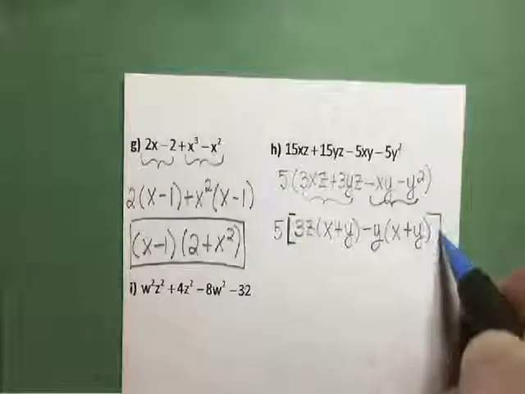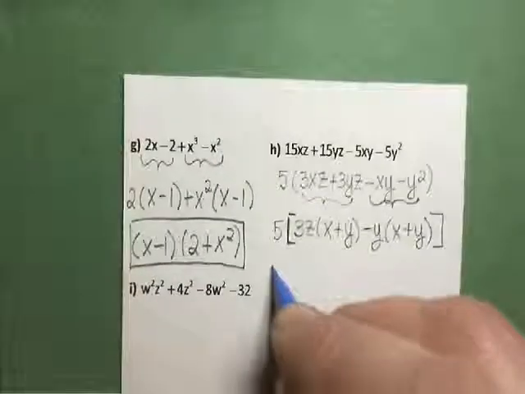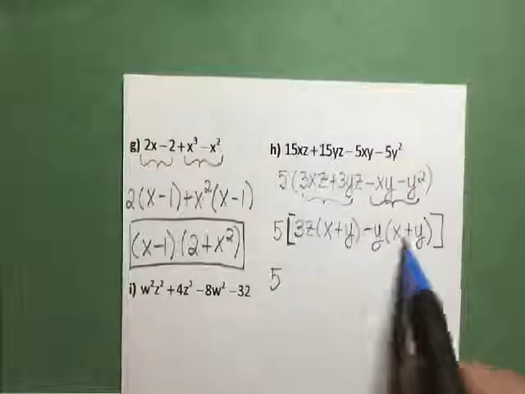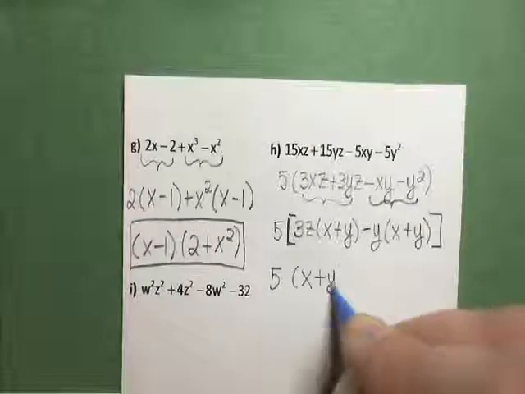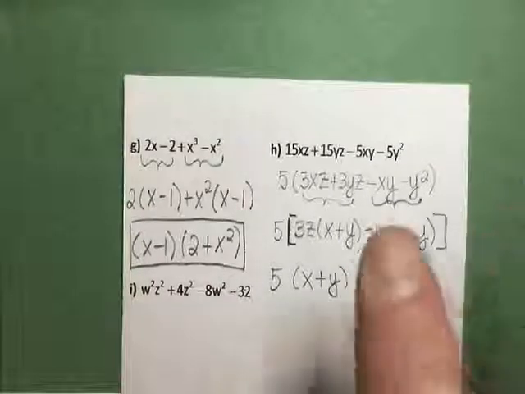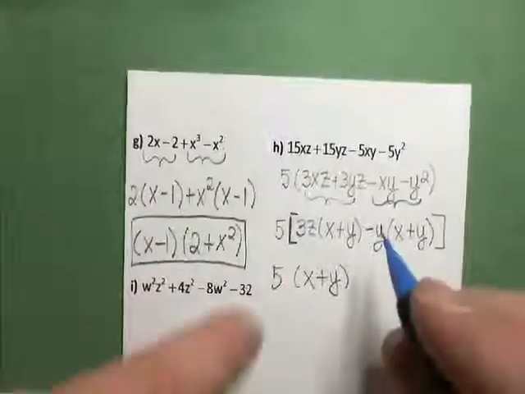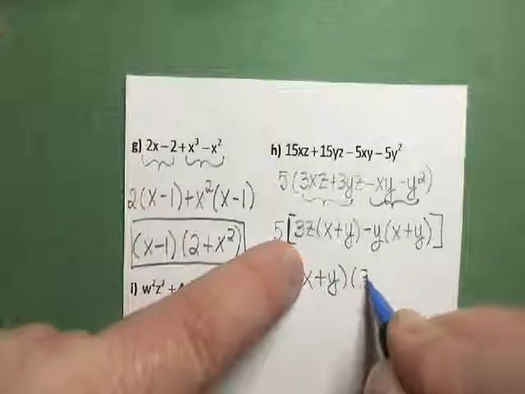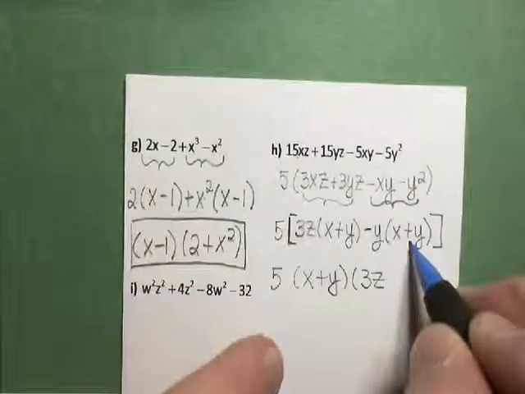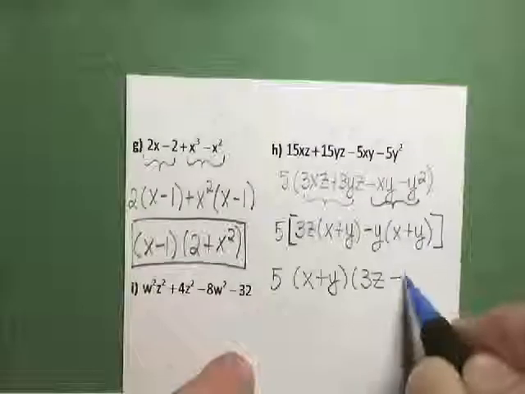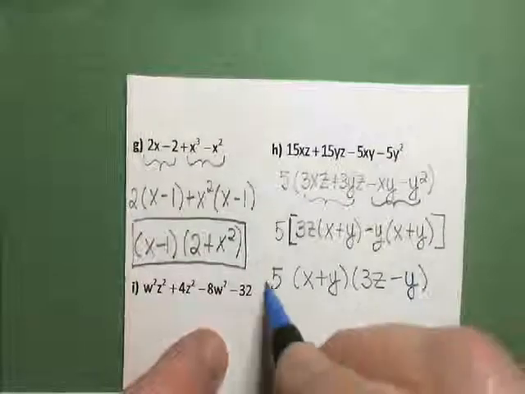Now what do they have in common inside this bracket? They have in common x plus y. And if I remove the x plus y, what I'm left with on the first term? I'm left with 3z. And if I remove the x plus y on the second term, I'm left with negative y. So then this would be my prime factorization for letter H.